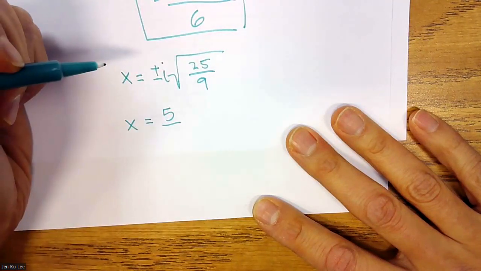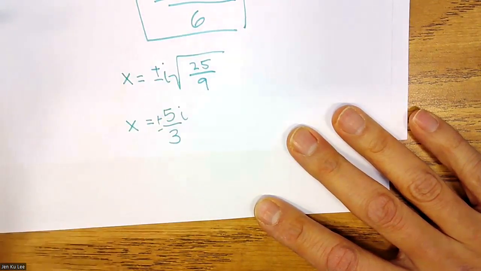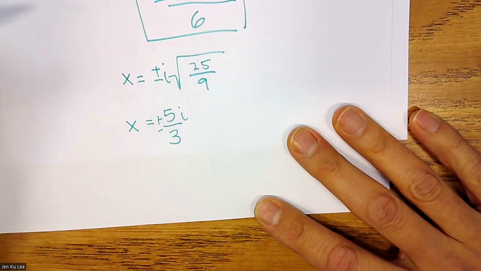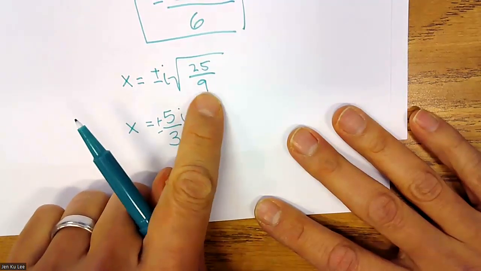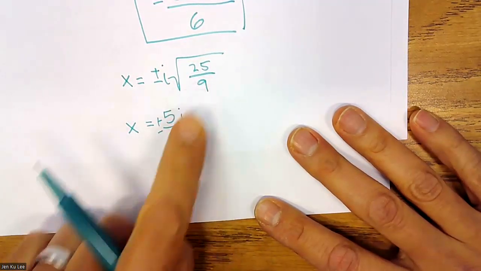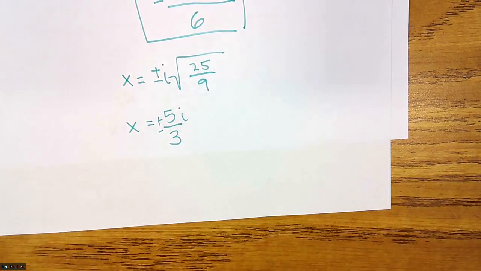What's the square root of 9? 3. Plus or minus with the i. That's it. But since the 9 is in my denominator here, it has to be in the denominator here. Okay. All right. And that is your lesson for 11.1.